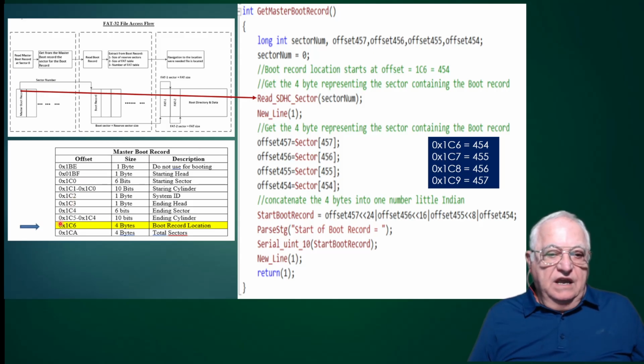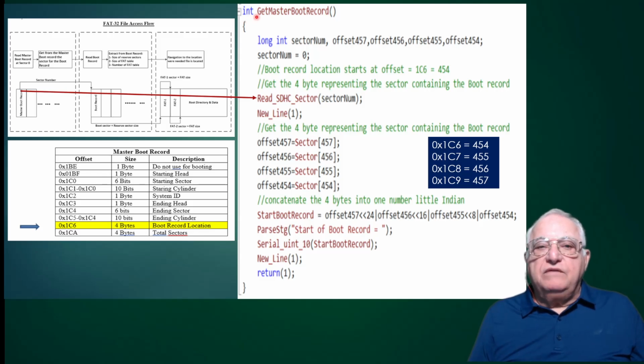And at the offset of 1C6 hex, that's where you're going to find the boot record location, which is 4 bytes. So let's see how we do that in our program.